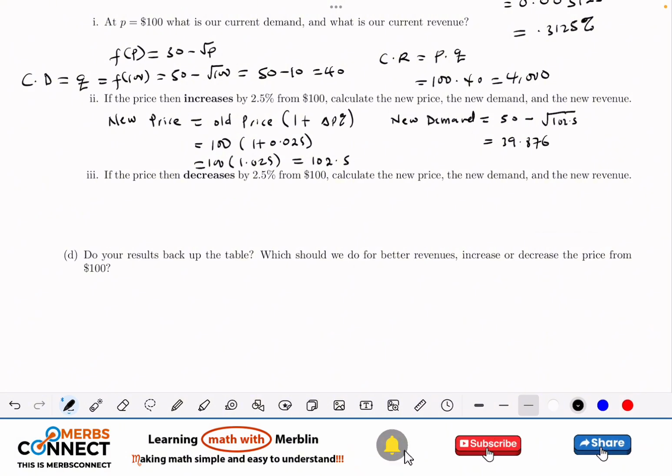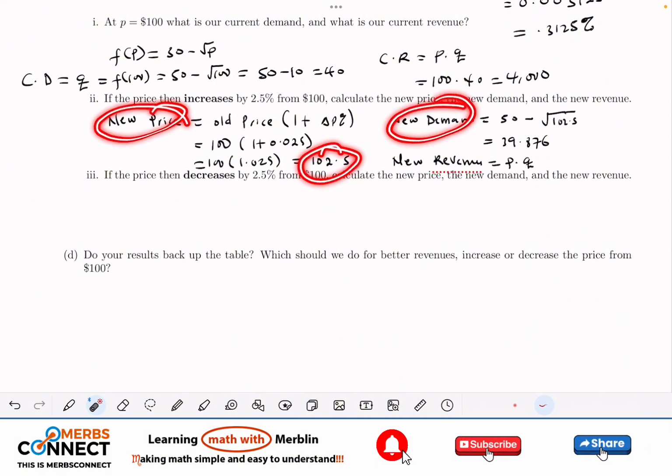Then what will be the new revenue? So new revenue will be equal to price times quantity. So new revenue is equal to new price times new quantity, right? So this is the new price, which is here, and the new quantity, which is also here.